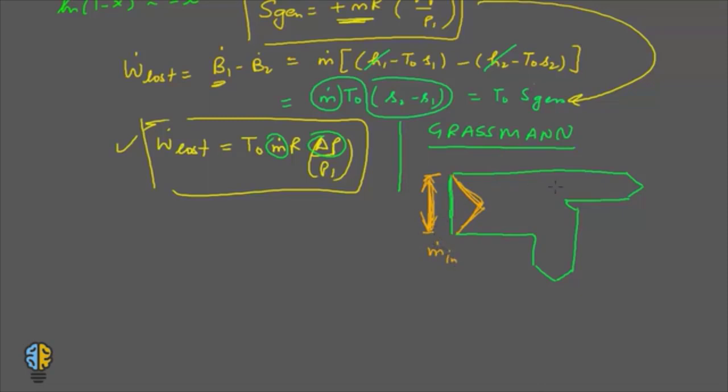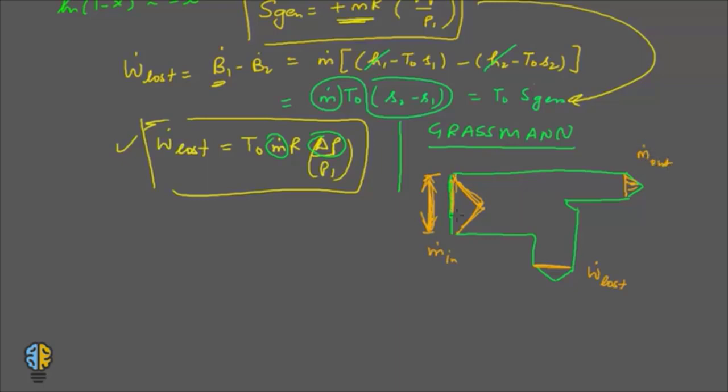Now as the flow has some friction, there is some work that is lost. So let us say this is the work that is lost, W dot lost. Because some energy is lost in terms of the availability, the flow at the outlet would be a little less.